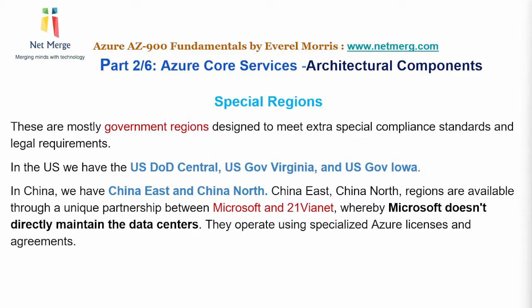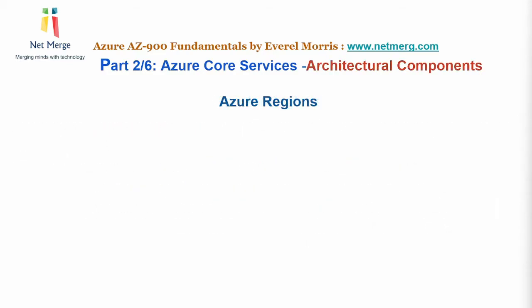They are operated by 21 ViaNet using a special license and agreement with Microsoft. We'll elaborate on that as well further on, but I just want to give you an understanding that there are special regions referred to as government regions in Azure.